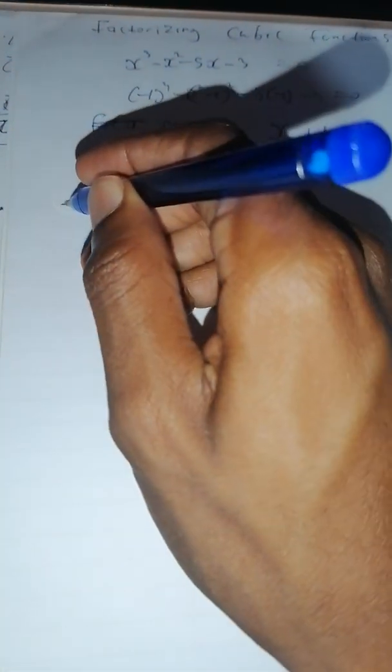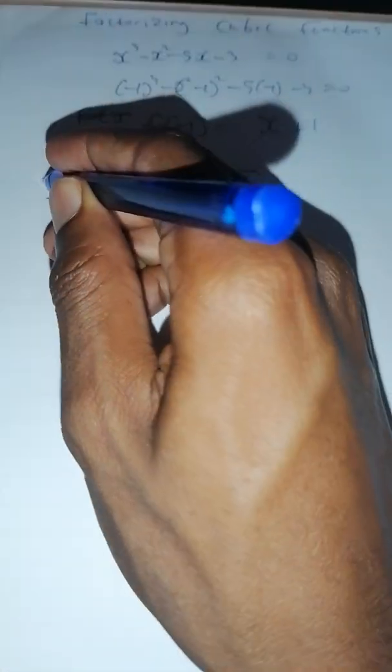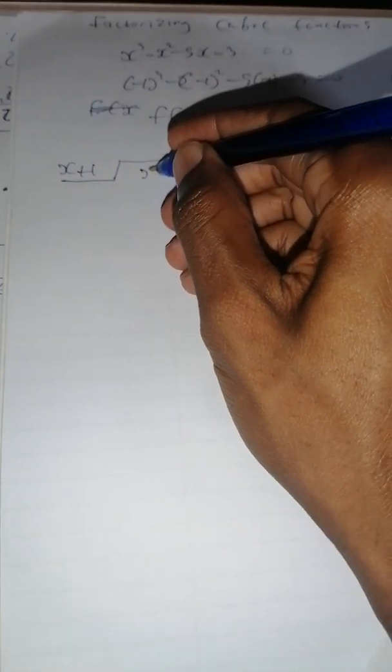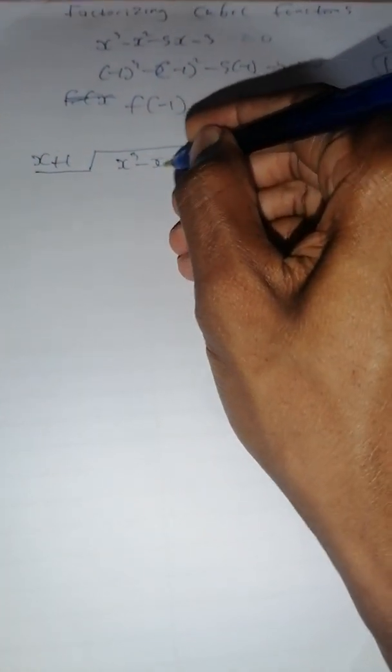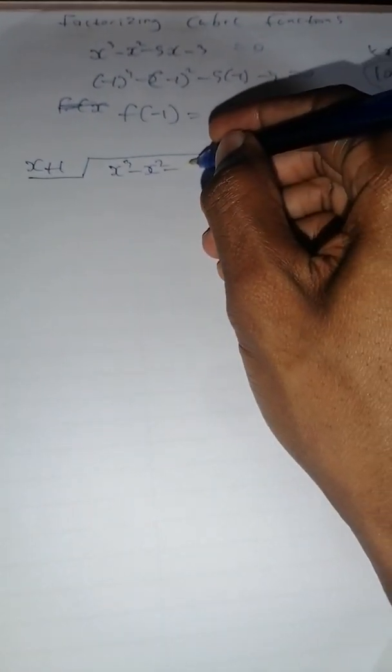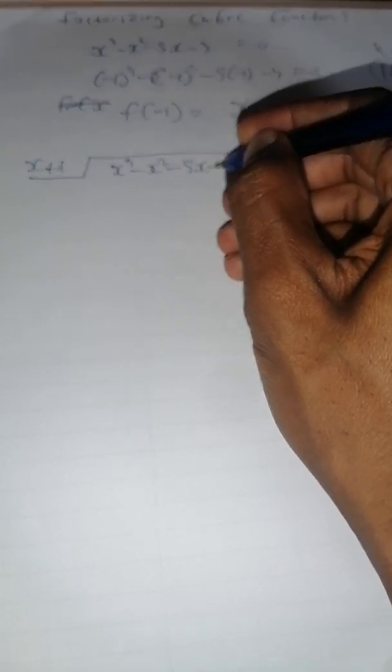Now this is what we are going to do. You place your x plus 1 here, and then inside you place the equation that they gave you. Now remember daddy, mommy, sister, brother, which is division, multiply, subtract, and bring down.